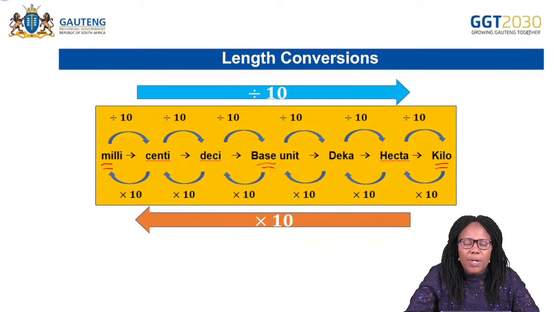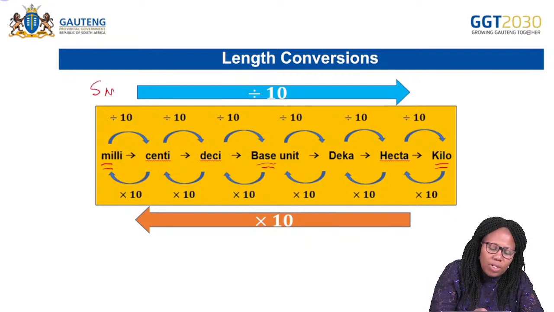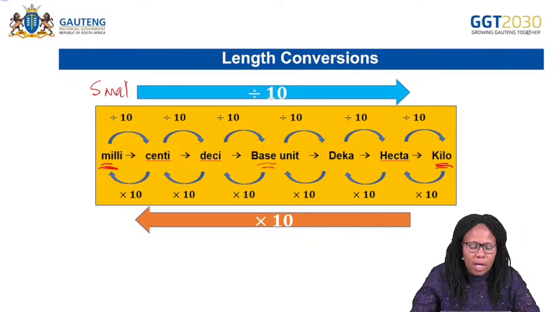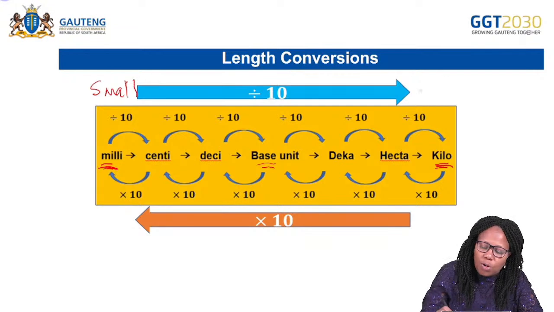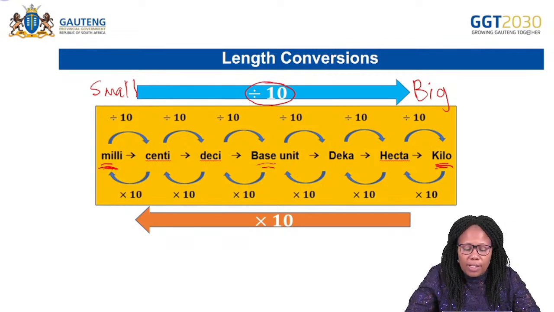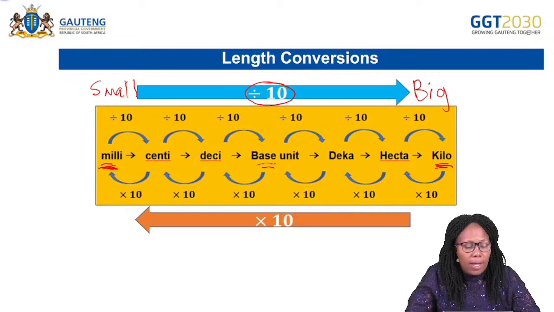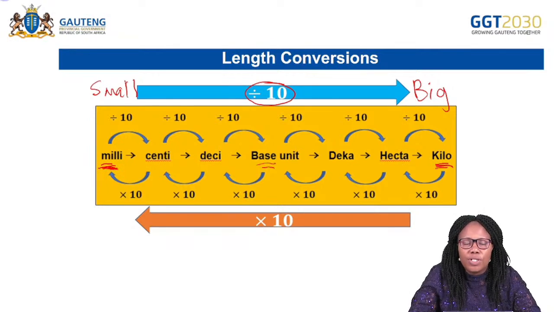Grade 12, basically what you are going to apply is, if you are converting from a small unit, remember millimeters are smaller than kilometers, right? So if you are converting from a small to a big unit, you must know that you do what? You divide, by either 10, 100, 1,000, depending on which unit you are converting from, and which one you are converting to.